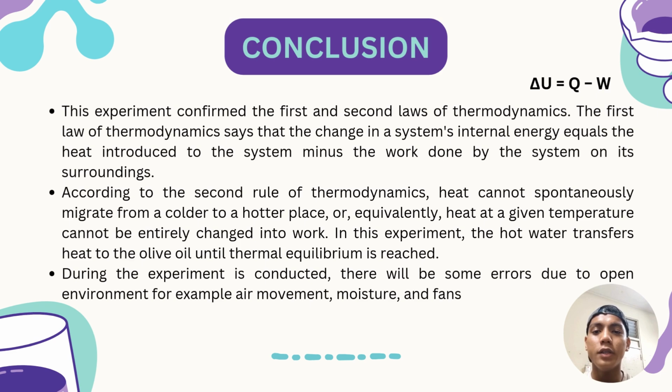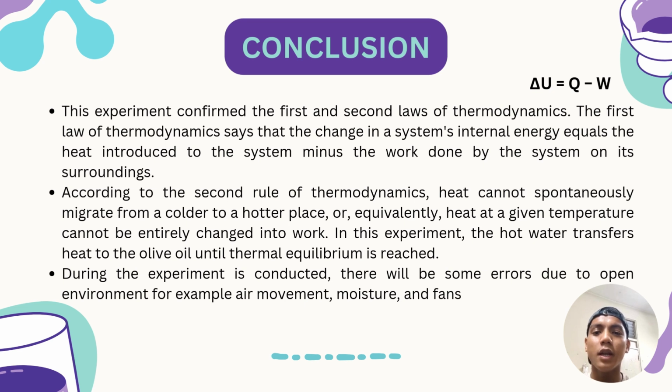So the oil heat gain and the hot water's heat loss should be identical, but due to open environment, there is heat loss to surrounding. Other than that, fans, air movement and moisture affect the result of the experiment. This means that the result is not 100% accurate, but the experiment is still on the correct path of the objective.